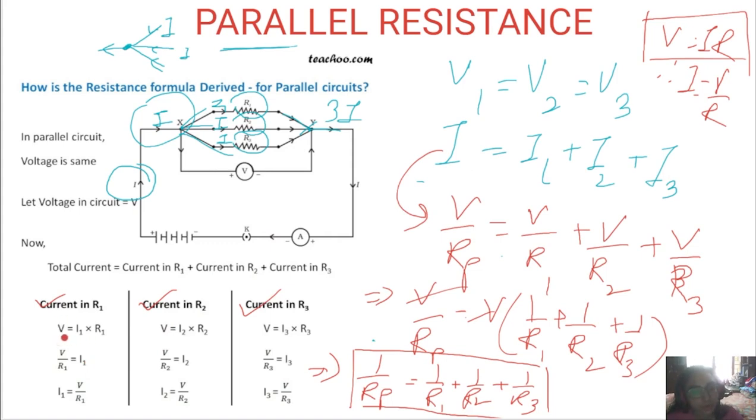So you know that all of their potential differences are the same, right? So V equals I1 R1, V equals I2 R2, V equals I3 R3. So to find the individual currents, we just have to divide the potential difference by its individual resistances. Okay. So this is simple. You don't have to remember the formula. It'll just come to you when you have practiced enough.